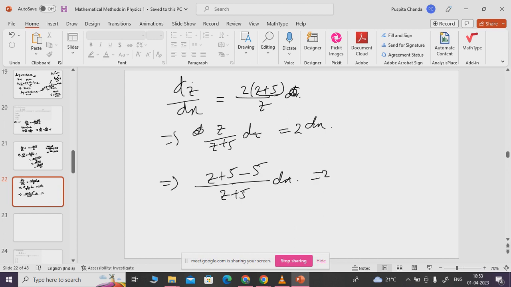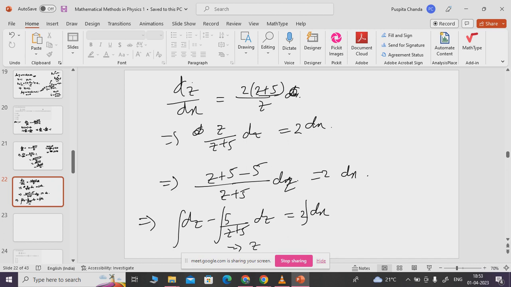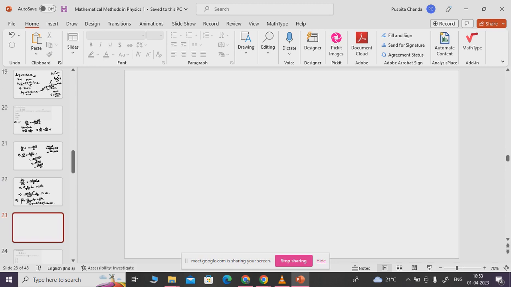So we can write this as (z plus 5 minus 5) by (z plus 5) dz. So it will be dz minus 5 by (z plus 5) dz equal to 2 dx. We are going to take integration of this. This will be z minus 5 ln (z plus 5) equals 2x plus c.